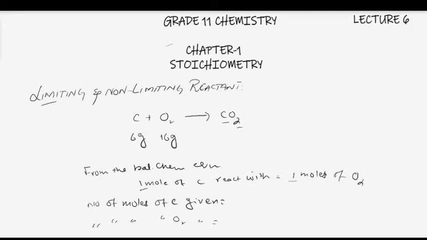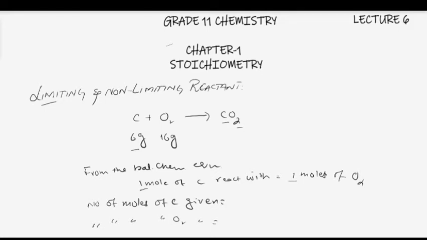And now we have 6 grams of carbon and 16 grams of oxygen. Do you think carbon again would be the excess reactant as from the previous scenario? Let's find out from the molar ratios. So 1 mole of carbon reacts with 1 mole of oxygen in this chemical reaction.